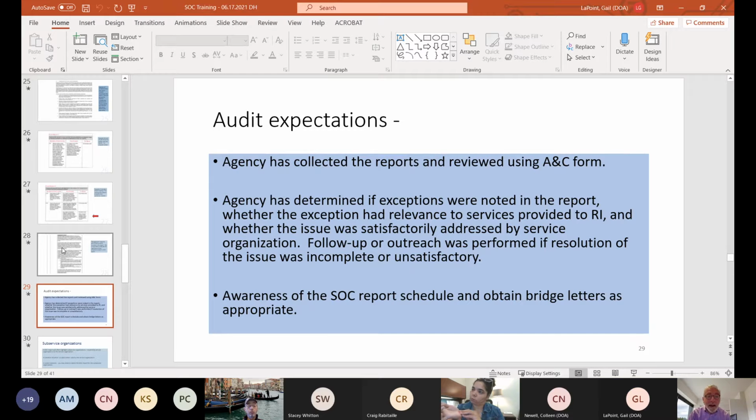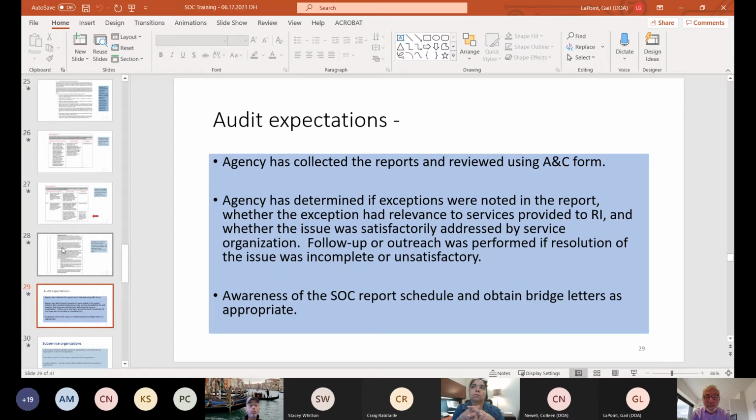On slide 29, audit expectations. So ultimately, I know most of you are probably participating today not because of an innate curiosity about SOC reports, but more because we've probably written you up or provided a finding at some point about you not necessarily doing enough.